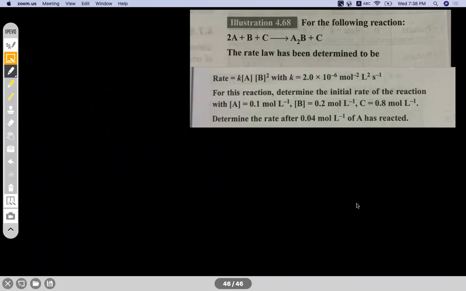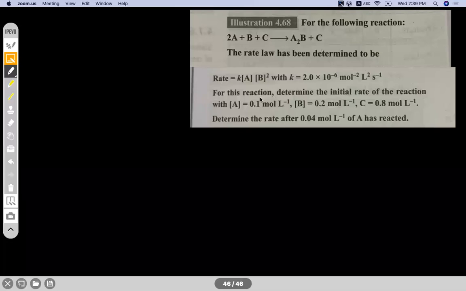So what you have to keep in mind here: first of all, rate is given. What is the order of the reaction here? Third order, right? Okay.